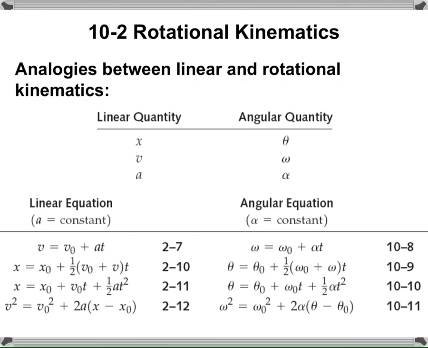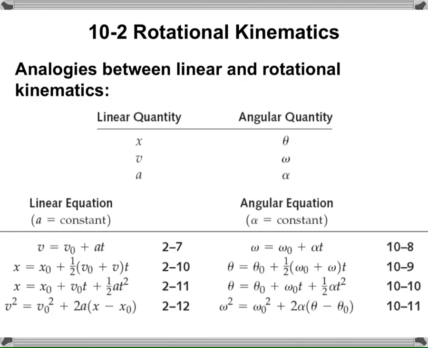So you see these quantities in linear kinematics and rotational motion. We have x as the linear displacement in linear kinematics, but in rotational kinematics, theta is the angular displacement, the angular position. This is linear velocity, and this is angular velocity, and a is the linear acceleration, alpha is the angular acceleration.